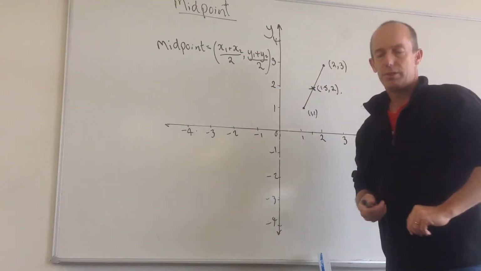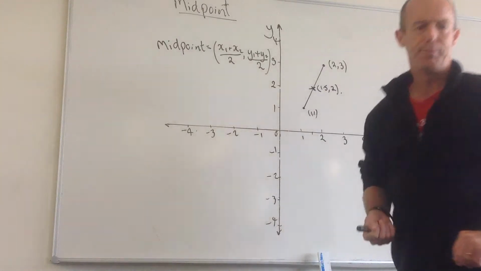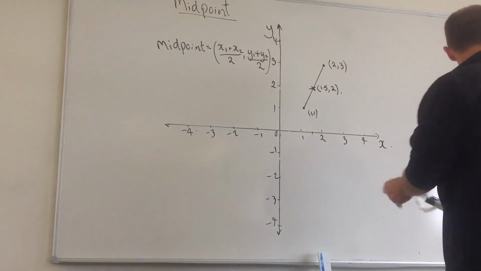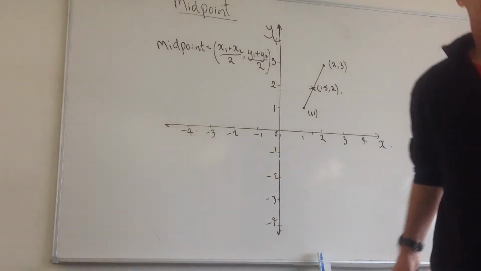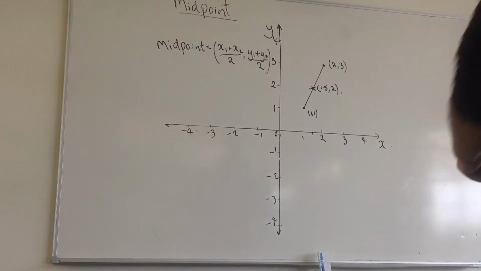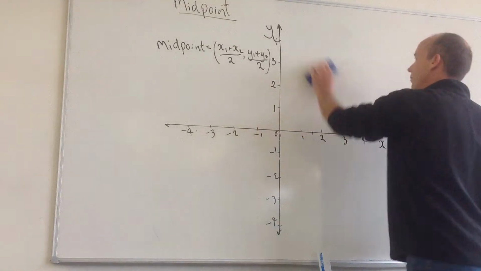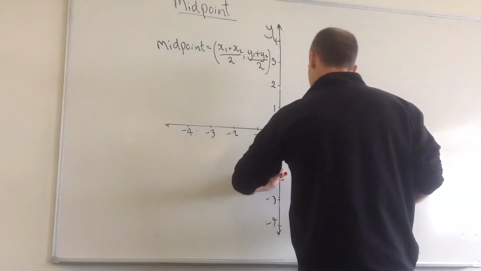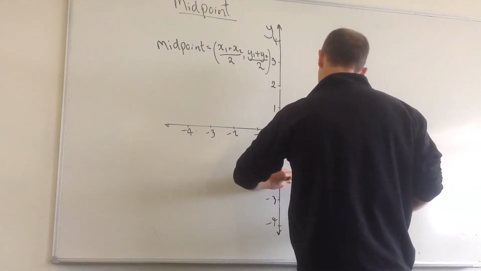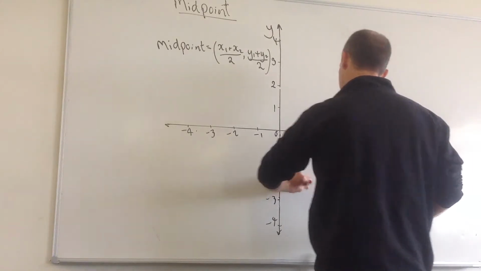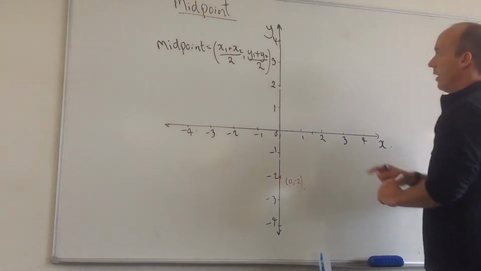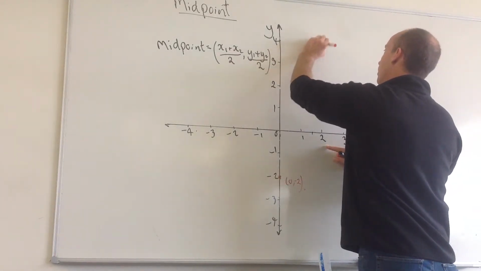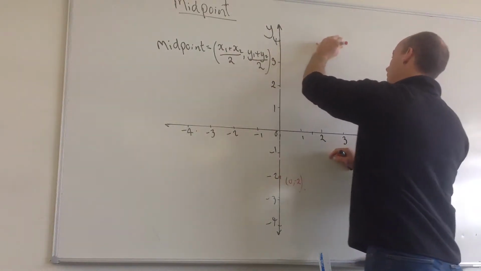So if I was to do another example, let's try a couple of other points. So let's say I was taking the midpoint of this value, which is 0, minus 2, and let's make our other point up here at 2, 4.